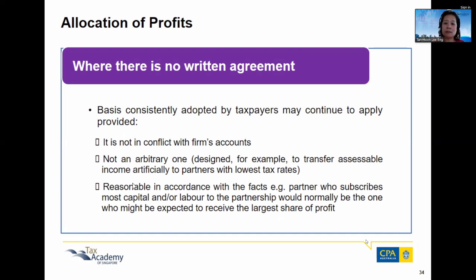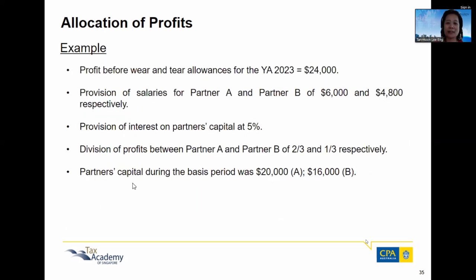It's like the partner who contributes more capital likely should have a higher share of profit, or the partner who does more work should be given a larger share of profit. But in any case, the partnership profit has to be shared among the partners. Next we take a look at this example.